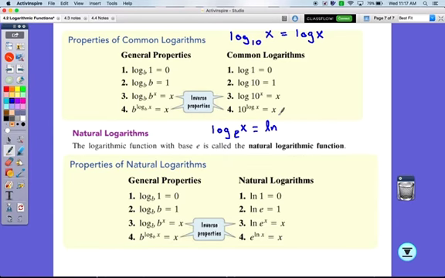I just usually do my L in cursive because if not, it looks like a 1 and n. So this is the natural log of x. If you see ln, the base is an understood e. Again, that pops up a good bit in those growth models. You can also see it in financing, financial statements. And so we have some of those same properties out here.